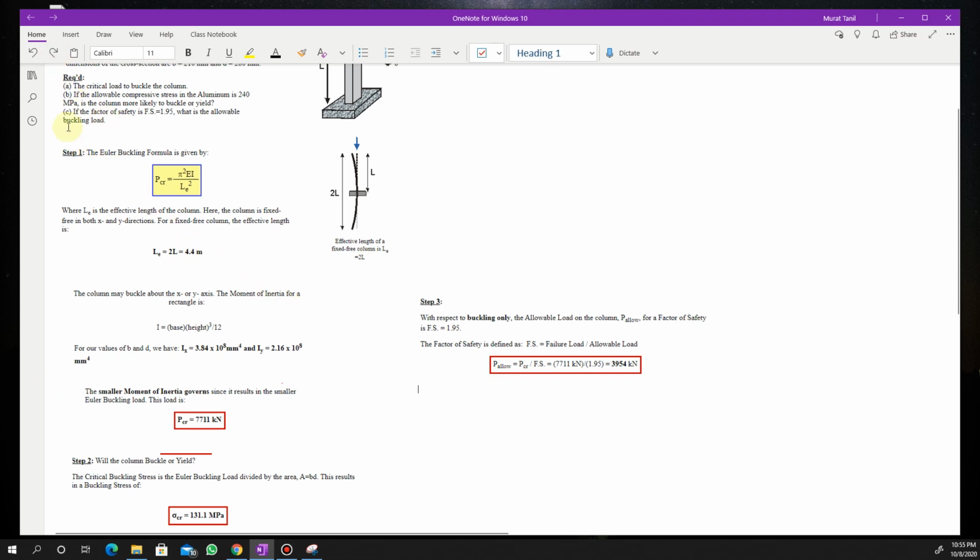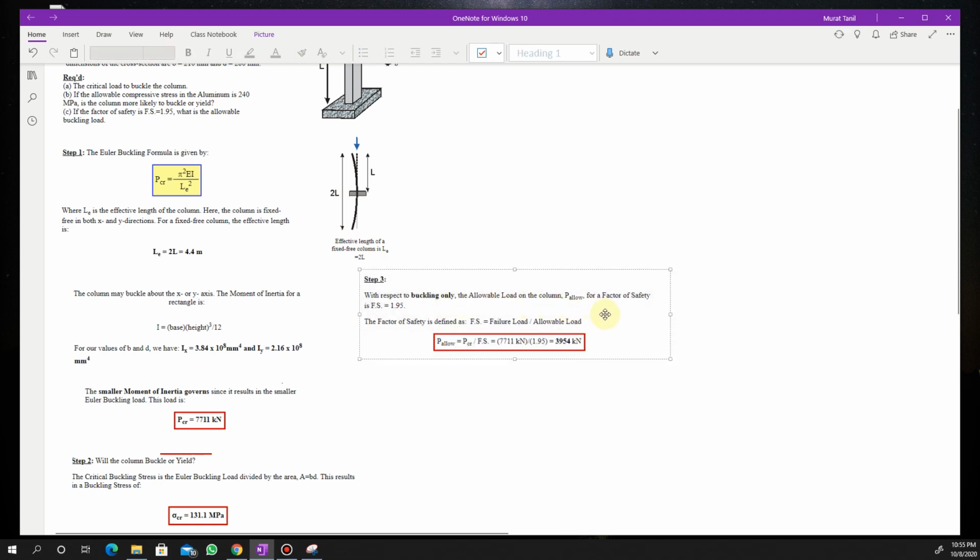In step 3, we are answering section C. If the factor of safety is 1.95, what is the allowable buckling load? With respect to buckling only, the allowable load on the column, P allowable, for a factor of safety 1.95.